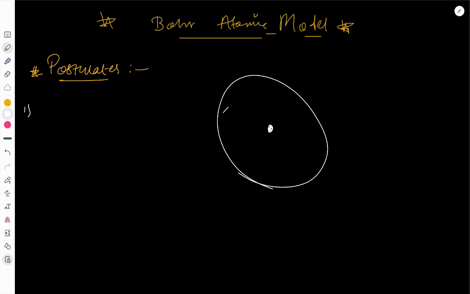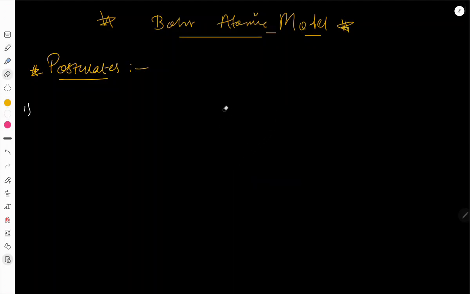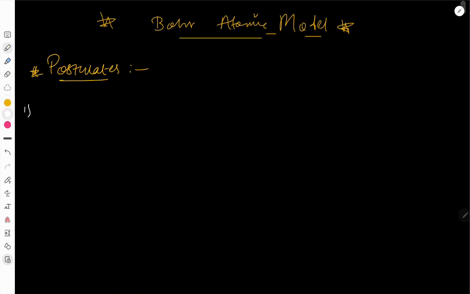But right now, you just have to know that Maxwell's equations say that if an object is moving in a circular orbit, it must emit a color or wavelength, so according to Rutherford's model, it should lose its energy and then spiral into the nucleus. But we have never seen such a thing happening. So that is where Rutherford's model failed to explain.